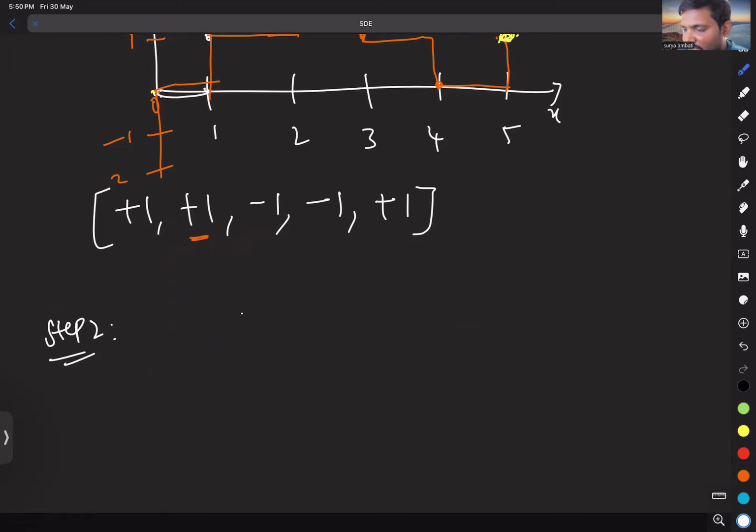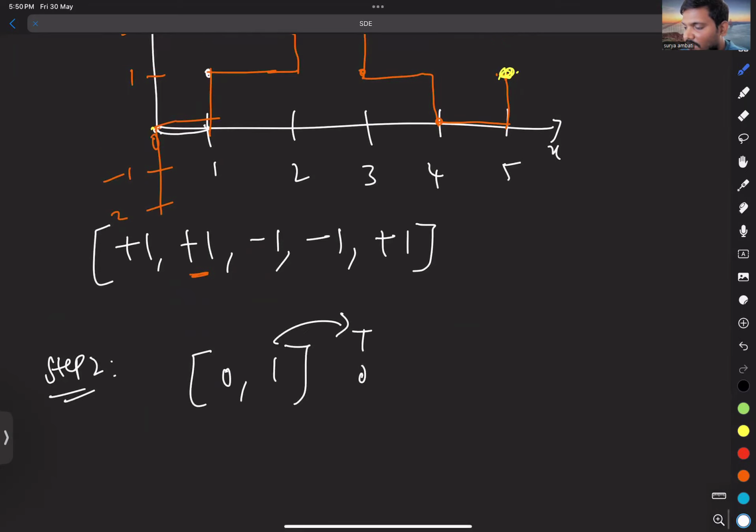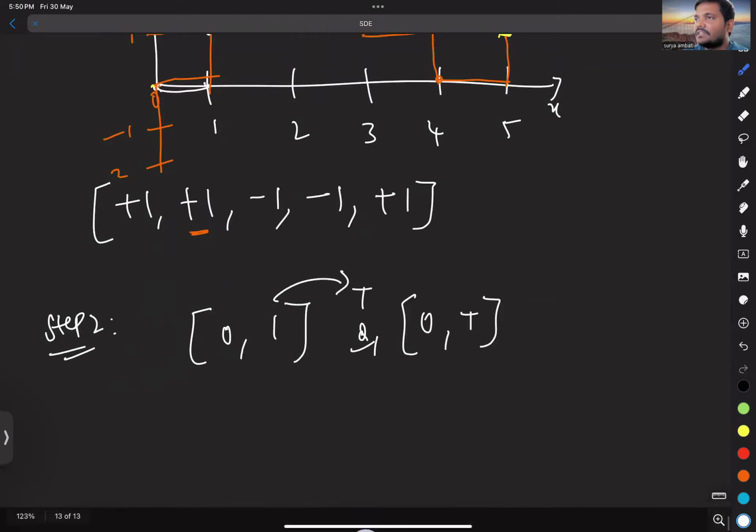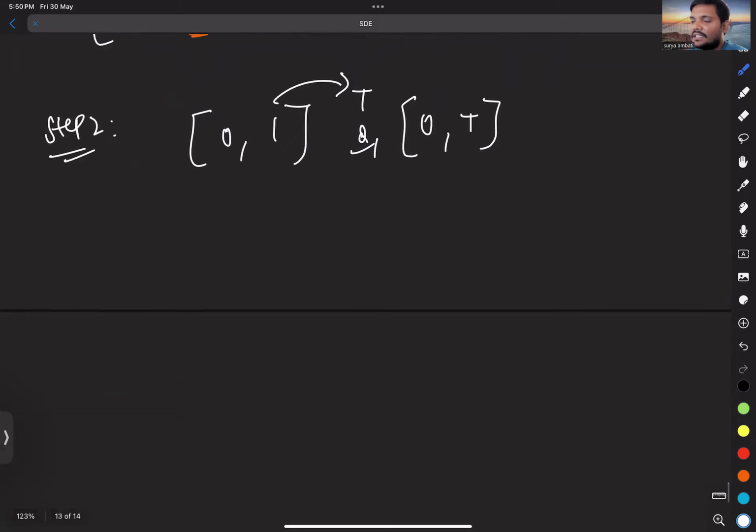Suppose I take the time interval 0 to 1, which is capital T. We divide this time interval by the n number of steps, so capital T divided by n.